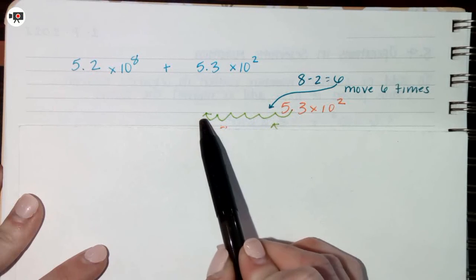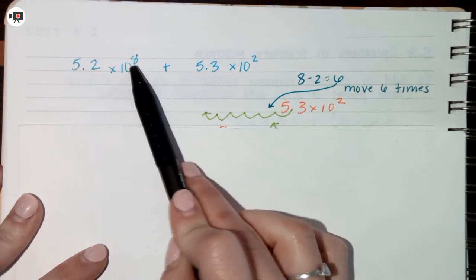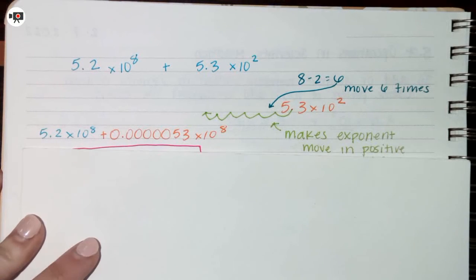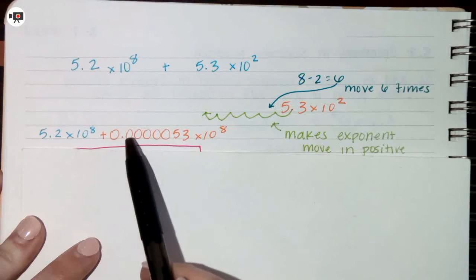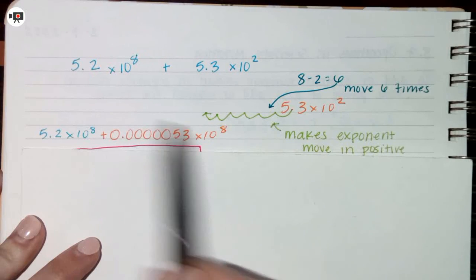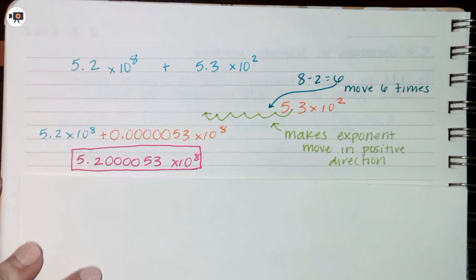You can count this as 6 times that it moved. The difference between 8 and 2 is 6. So then I have 5.2 times 10 to the 8th plus 0.00000 5.3 times 10 to the 8th. Now when I add those together, I have an answer.